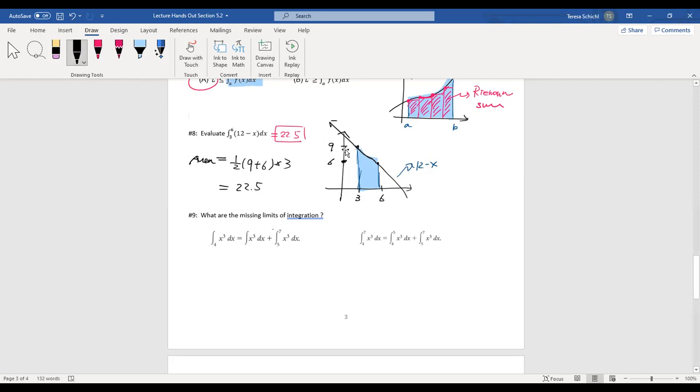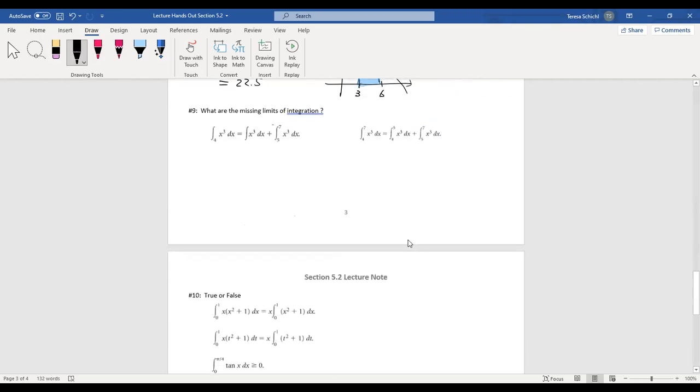Okay, so the next one is here. I want to find the missing part, okay? This missing part, this is x cubed, right? Based on our area principles, take a look here.